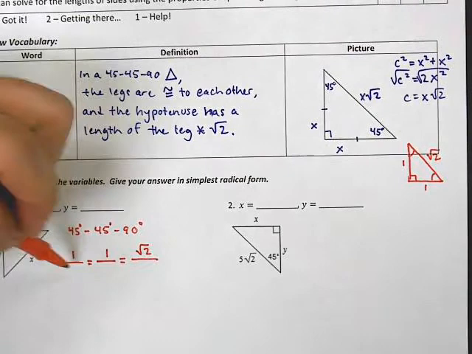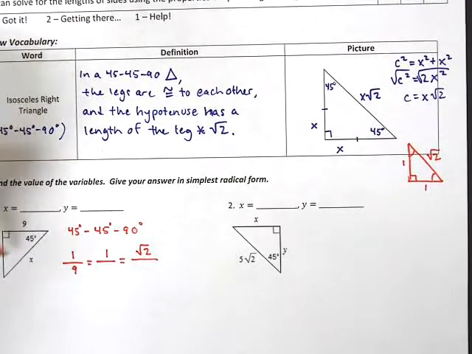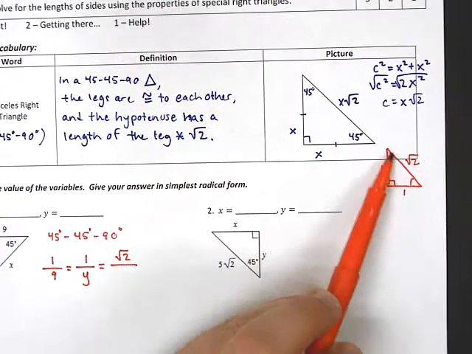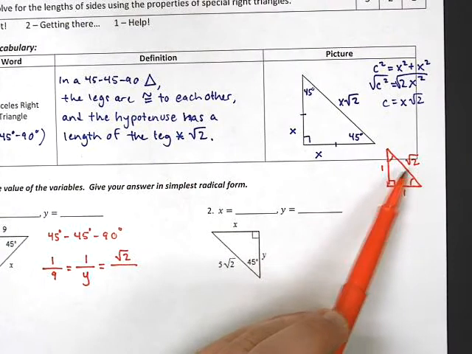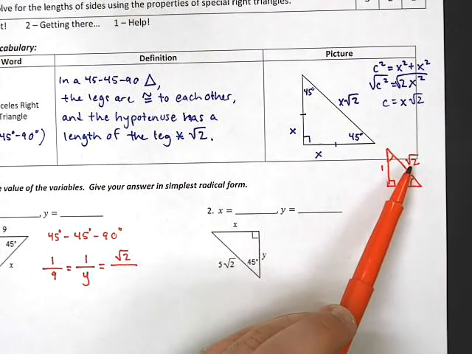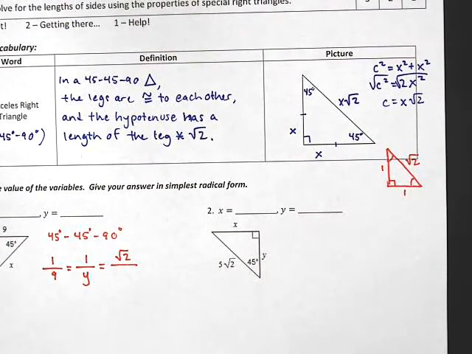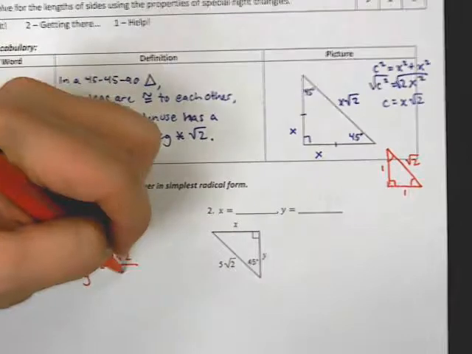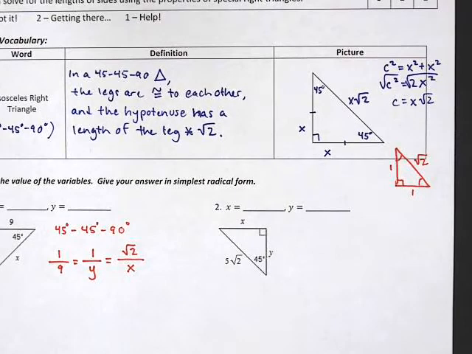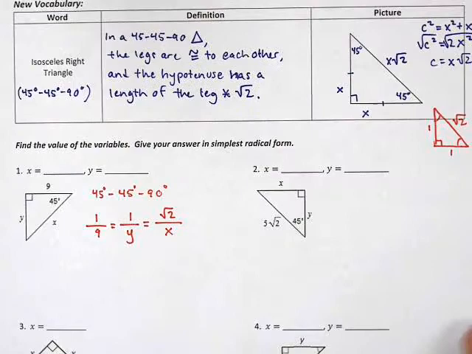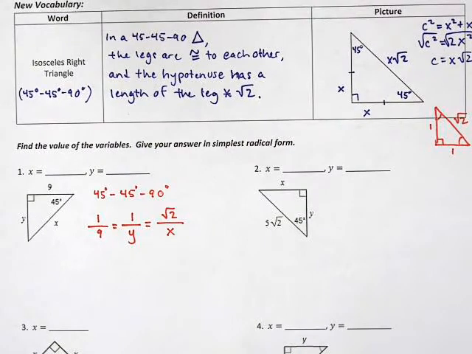So I would put a 9 here and a y here. Then of course the square root 2 is the hypotenuse in my dummy triangle, so that has to line up or be in proportion with the x. Now we have this set up. Now we need to actually solve twice, right?